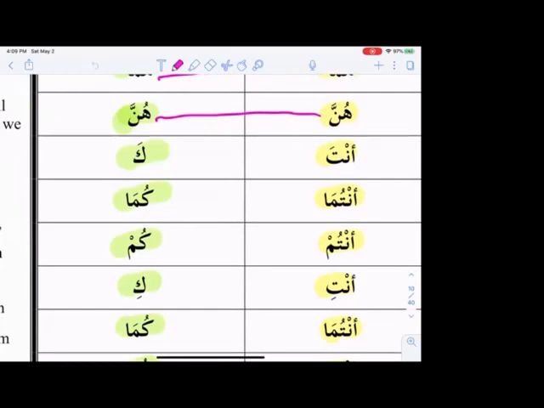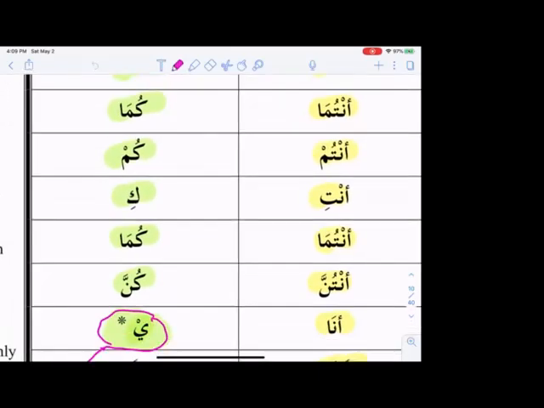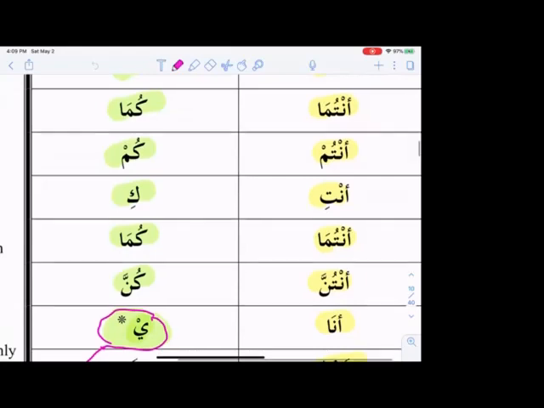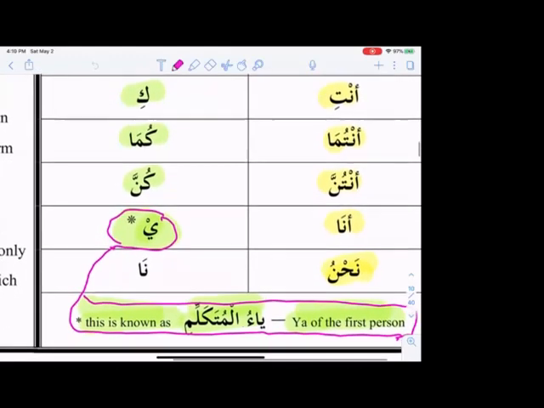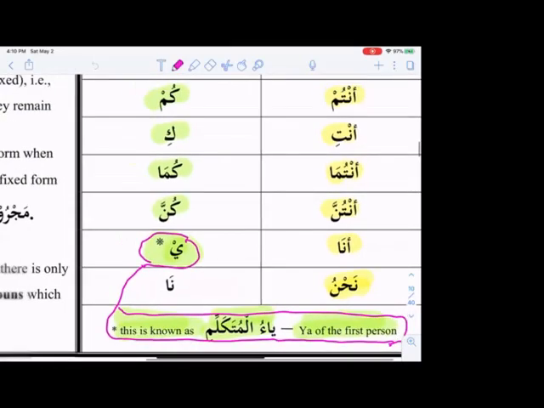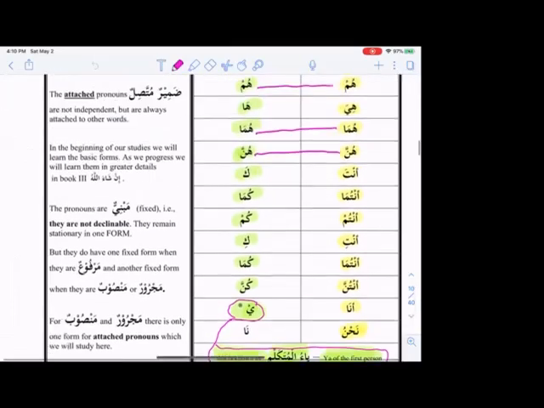Anta antuma antum. Anti antuma antunna. Ana nahnu. So these are all marfu.